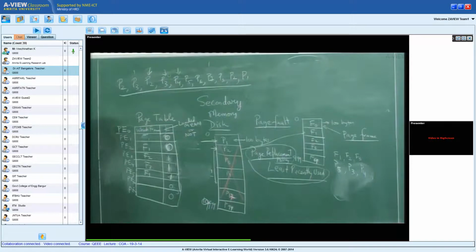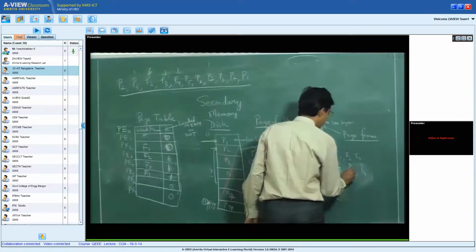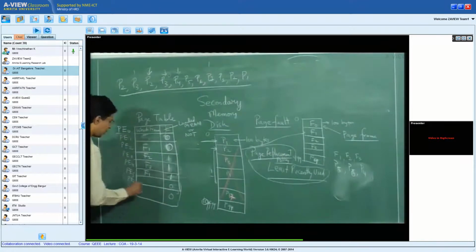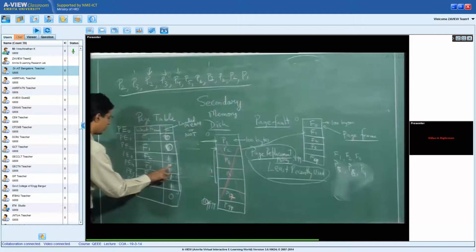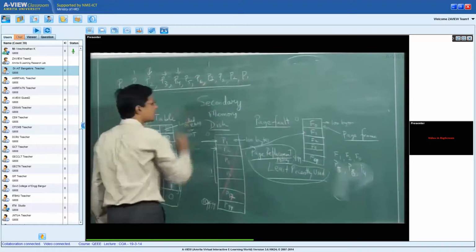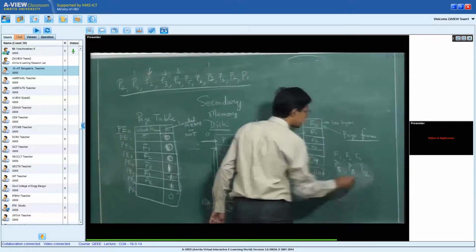Now comes P6 and you find that it is now to be replaced by P3. So P6 is now loaded at frame 2 and P3 is removed. Now again P7 comes in and P4 should be replaced.